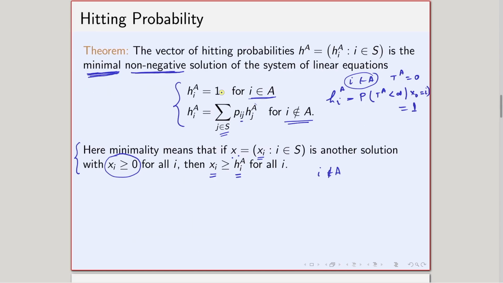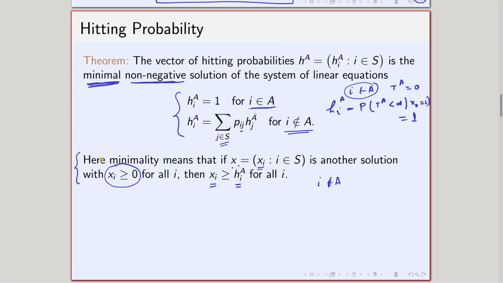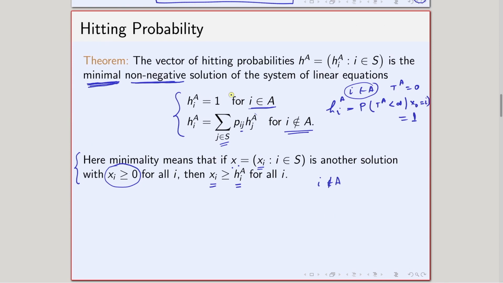So with that, let us move on. One thing I should discuss here: in this case I have not talked about minimality. So where does the minimality come from? You see that the condition H_0 equals H_1 equals 0 is not given by this set of equations. You can check that it is not given by this particular set of equations.